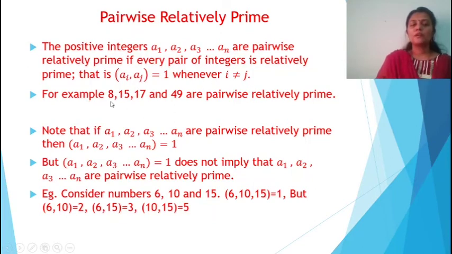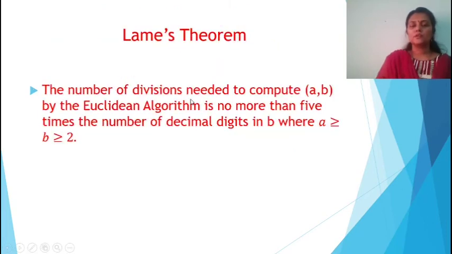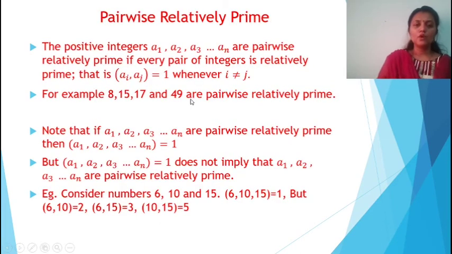So for example, 8, 15, 17 and 49 are pairwise relatively prime. GCD of 8, 15 is 1. GCD of 8, 17 is 1. GCD of 8, 49 is 1. GCD of 15, 17 is 1. GCD of 15, 49 is 1. GCD of 17, 49 is 1. So all pairs are relatively prime, so they are called pairwise relatively prime.